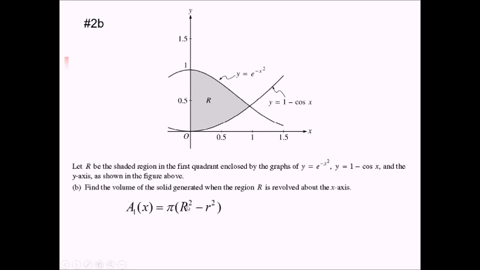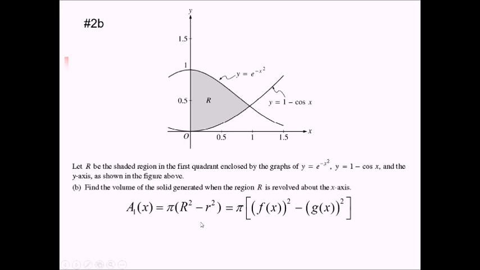So anyway, big R, that's going to be the distance between my axis of revolution, the x-axis, and the further away part of the bounded region, which is the f function up here. So I'm going to have pi times, this is going to be f of x squared, and for the little r, that's going to be the distance between the x-axis, the axis of revolution here, and the closer function, which happens to be the g function. So we're going to be doing minus g of x squared.